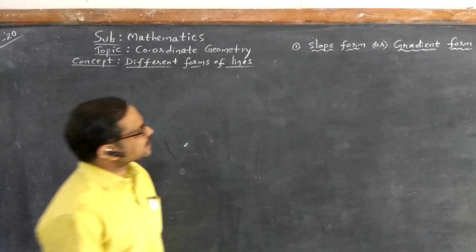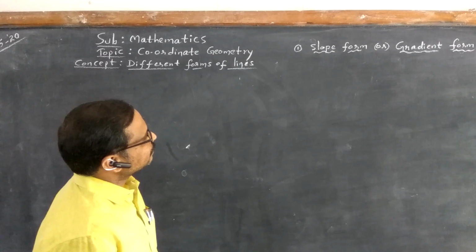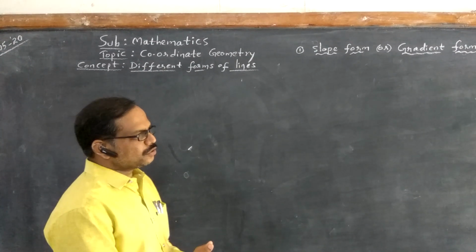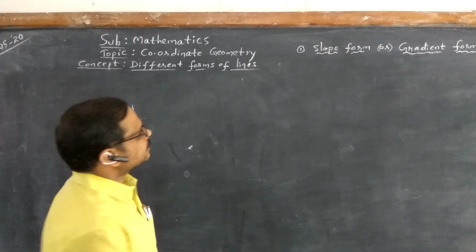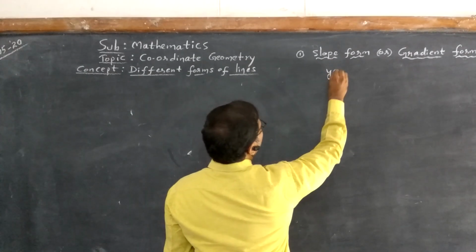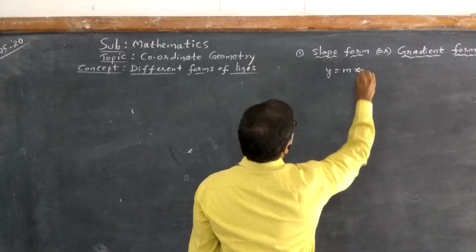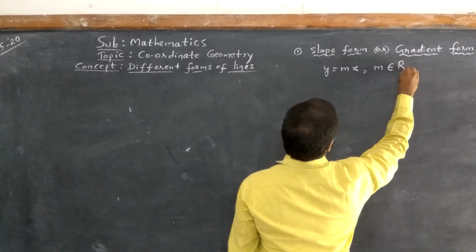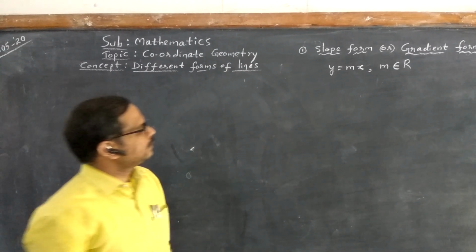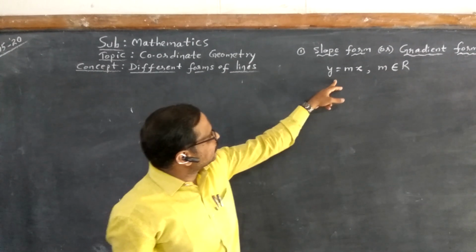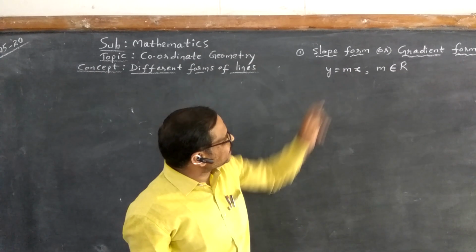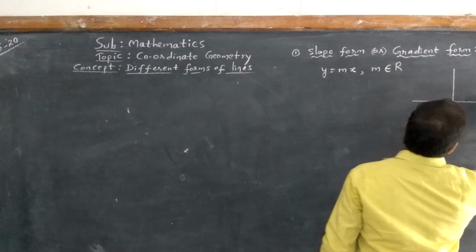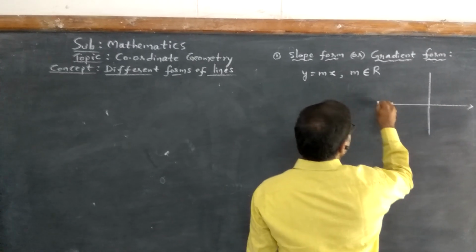The equation of straight line having slope m and passing through origin is y = mx, where m belongs to any real number. This is the line passing through origin and having slope m.